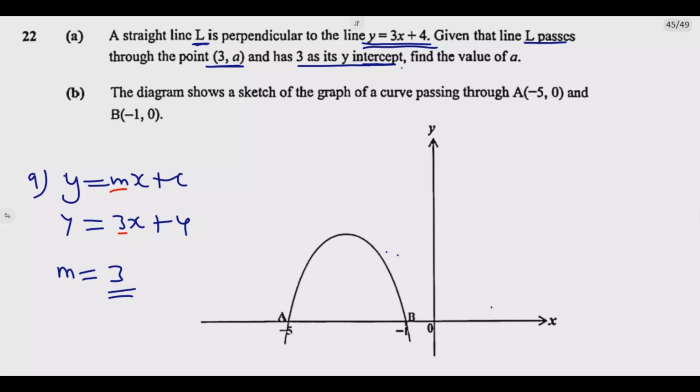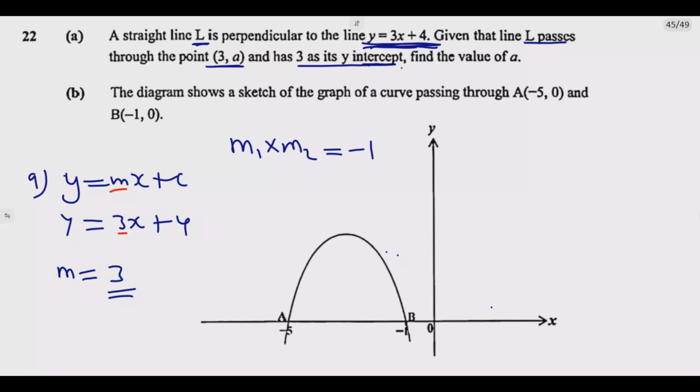To find L, we need to know the gradient of L, which is perpendicular to this equation. If two lines are perpendicular, then m1 multiplied by m2 is equal to -1.